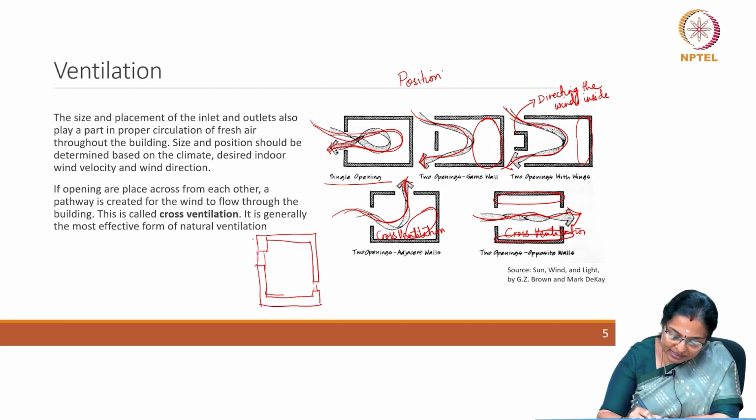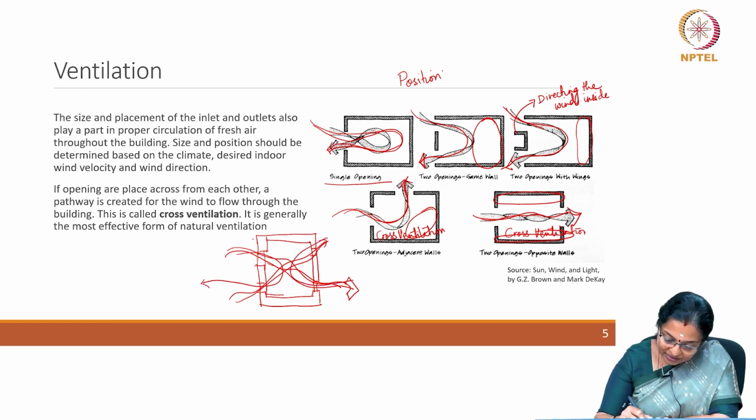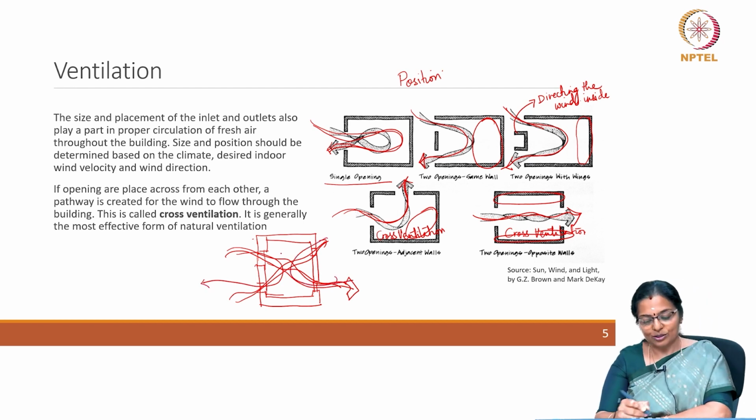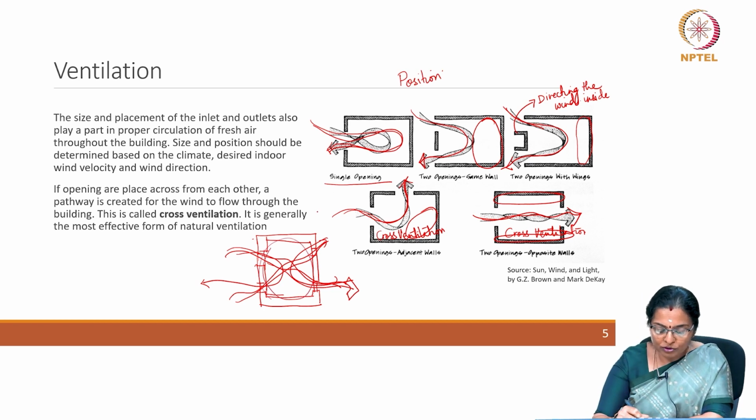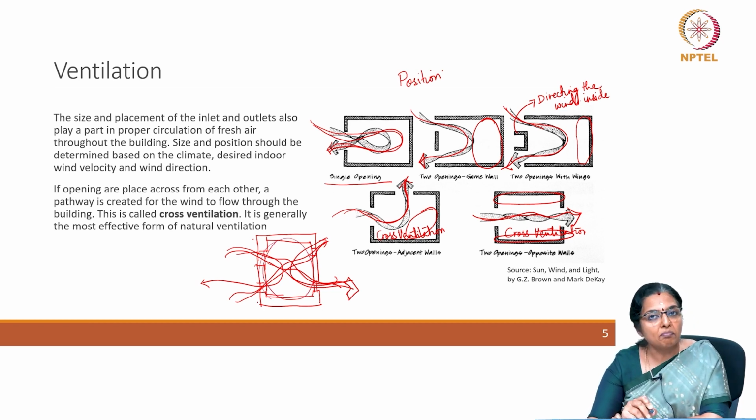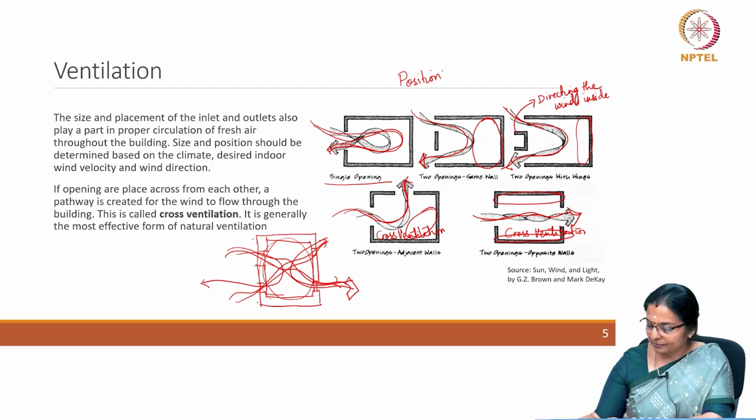So what happens is breeze flows across this room, and if you have this, all the more better. There is cross ventilation in every sense of the word, and most of the room becomes very well ventilated, which is the best case scenario.